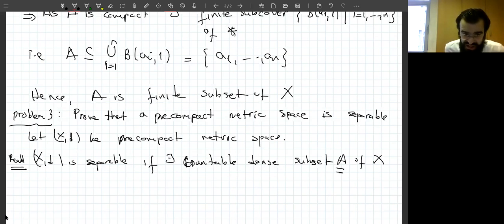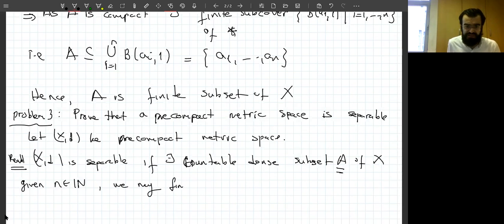This A must be countable and dense. But how? Given any natural number n, 1 over n is greater than 0, so we may find a finite number of points, let's say x_n1 up to x_n,k_n, such that our set X is a subset of the union for j equals 1 to k_n of the ball B(x_nj, 1/n).